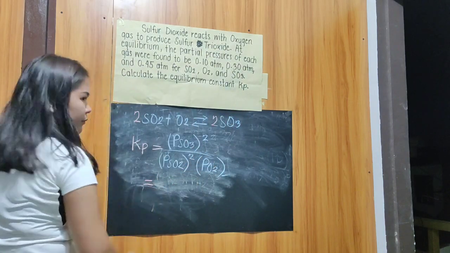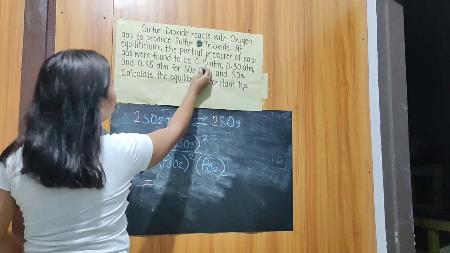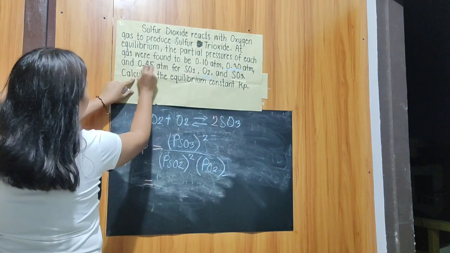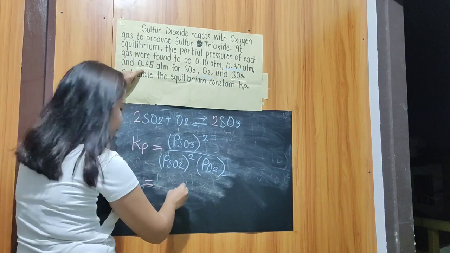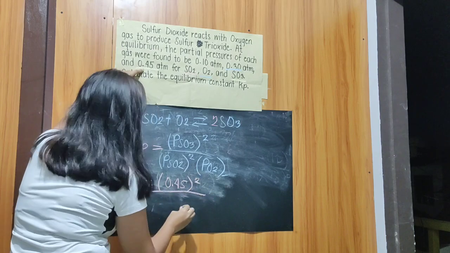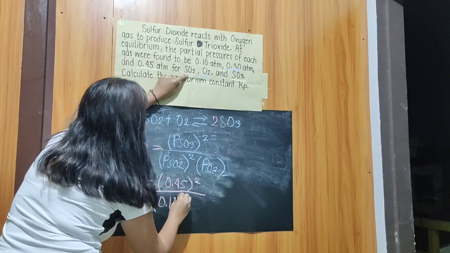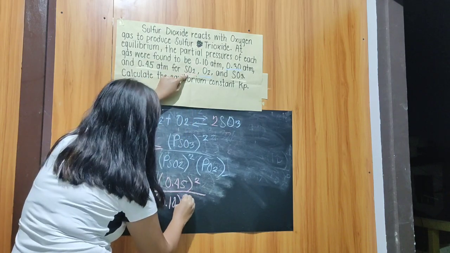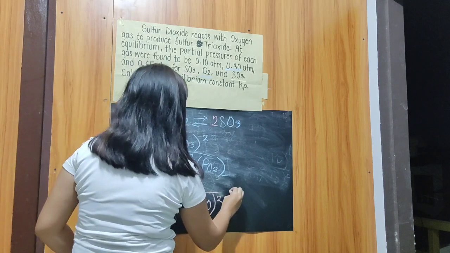So SO3 is 0.45, SO2 is 0.10, and then O2 is 0.30. So calculate.